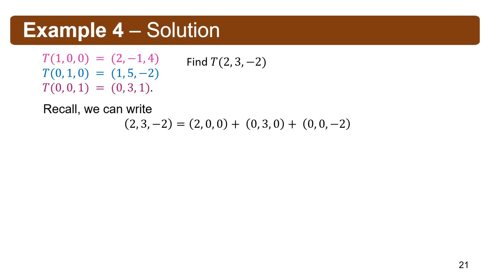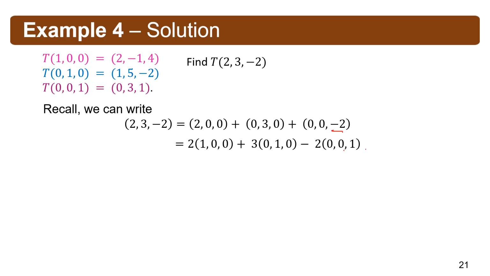Recall that we can write the vector (2, 3, -2) as the sum of (2, 0, 0), (0, 3, 0), and (0, 0, -2). Remember, when we factor this, if we factor out 2, we'll have (1, 0, 0), and then plus, factor out 3, we have (0, 1, 0), and if we factor out -2, that will be (0, 0, 1).